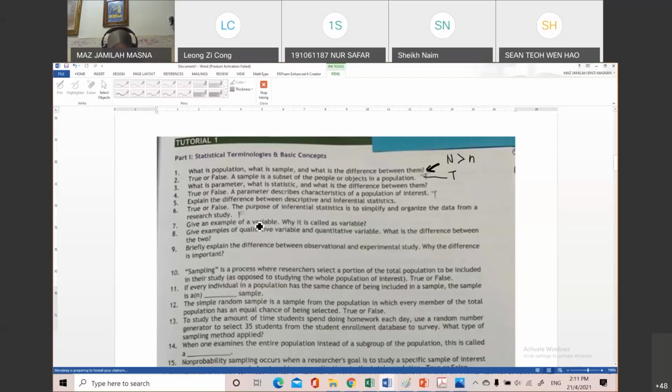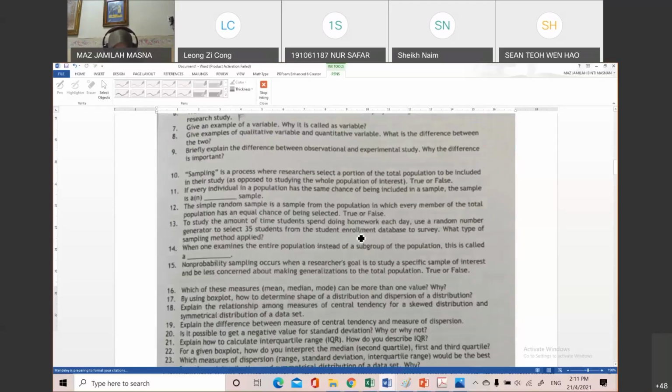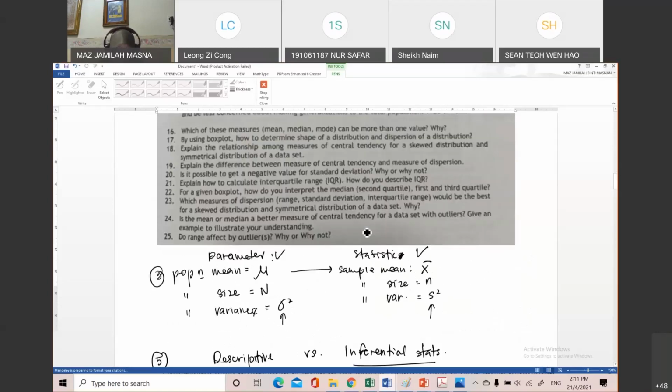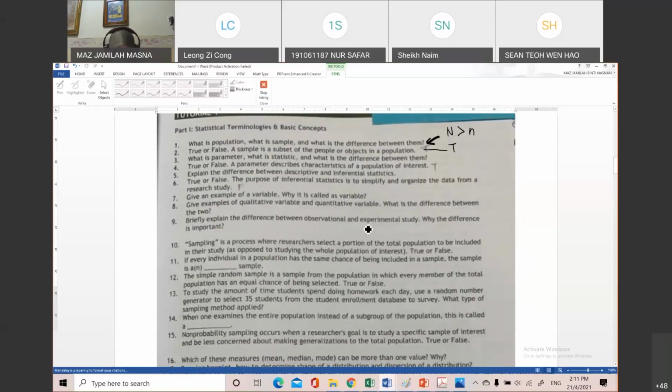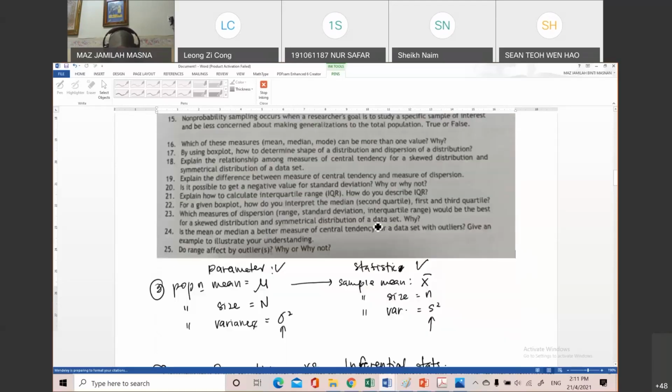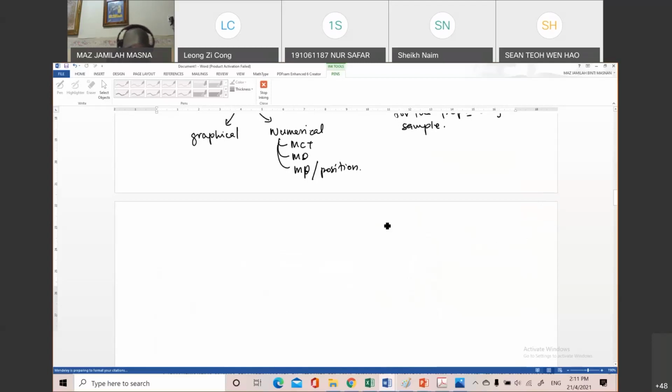Give an example of a variable. Why is it called a variable? Can you give me one example? What is a variable? Number 7. Simple example.